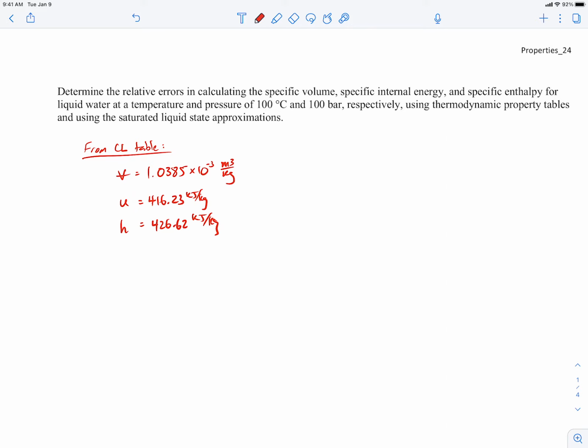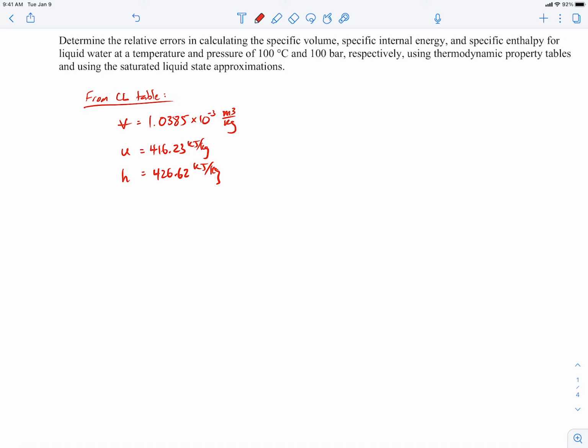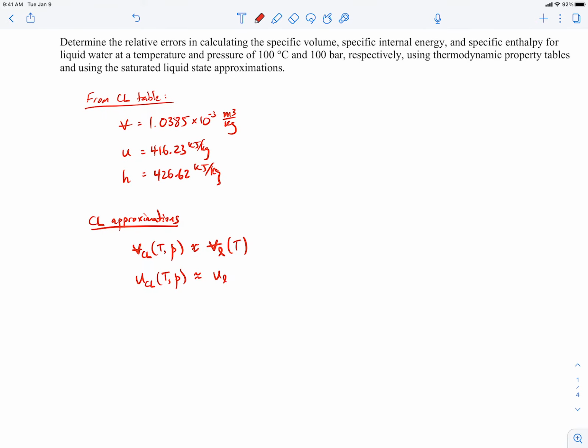Now what we want to do is use the compressed liquid approximations. So just a reminder what those look like. The specific volume of the compressed liquid at some temperature and pressure is about equal to the specific volume of the saturated liquid at that same temperature. The specific internal energy of the compressed liquid at the temperature and pressure is about equal to the specific internal energy of the saturated liquid at the same temperature.